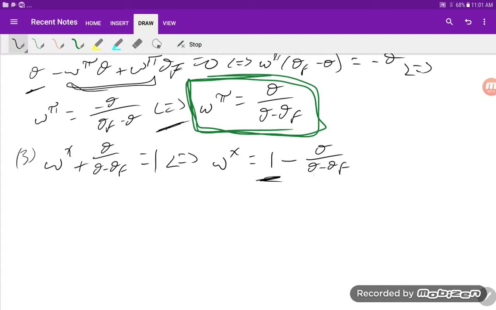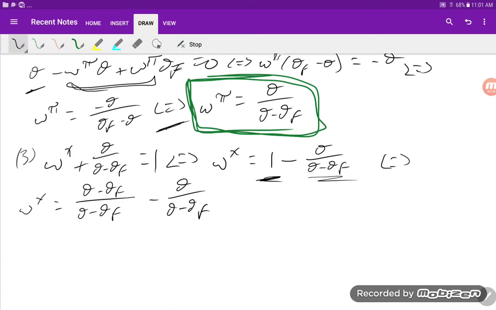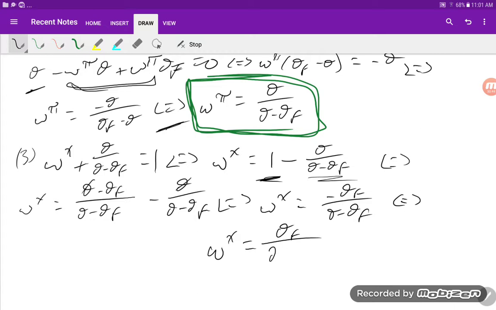I'll turn this into a common denominator to get Wx equals sigma minus sigma f over sigma minus sigma f, minus sigma over sigma minus sigma f. These will cancel and you get that Wx is equal to negative sigma subscript f over sigma minus sigma f. Again, I can get rid of the negative in the numerator to have that Wx is equal to sigma subscript f over sigma subscript f minus sigma.